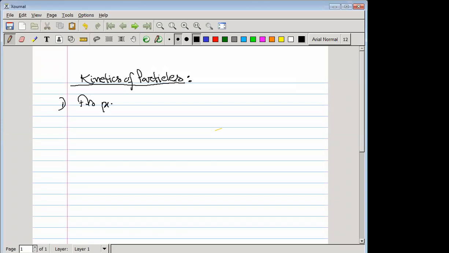As per the second law of Newton regarding motion, when we provide acceleration on any particle, it is subjected to unbalanced forces.